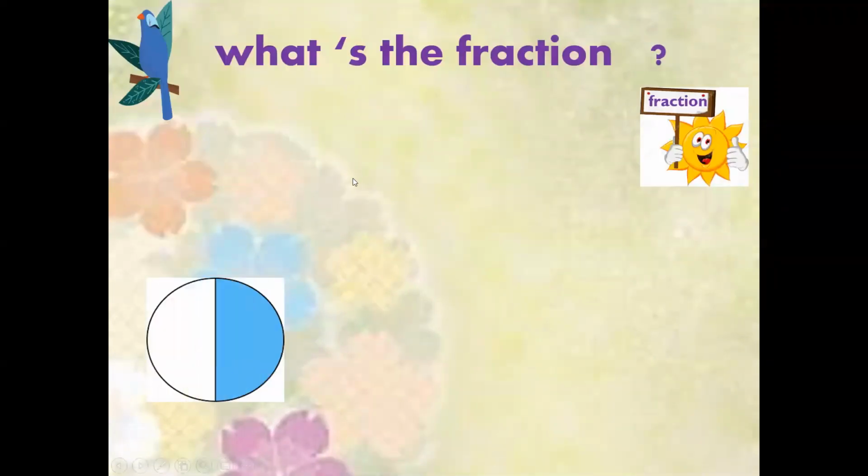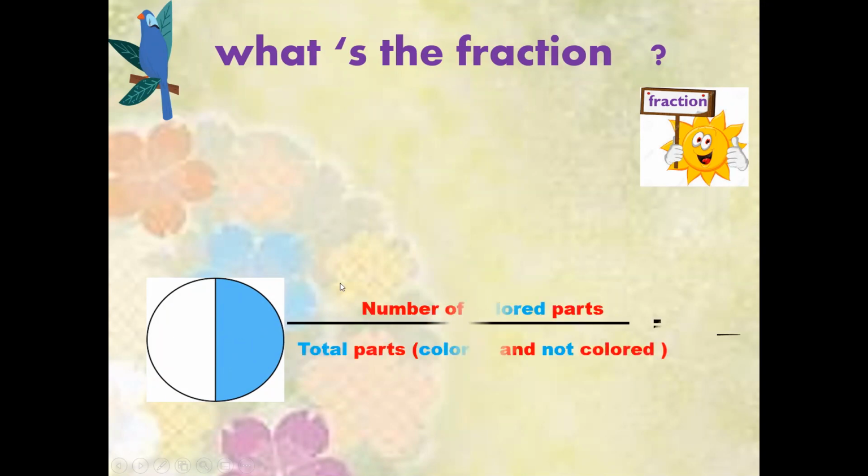What's fraction? Here we have a circle. A part of the circle is colored and the other part is not colored. So how can we know this in fraction?